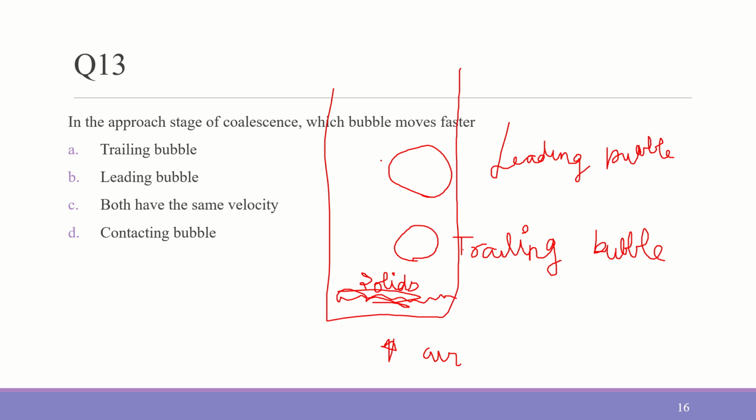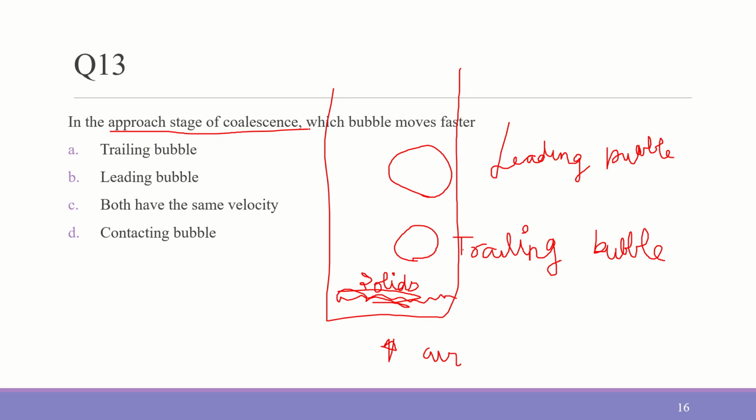That is what happens in the approach stage of coalescence. The thing to note is that the question is about the approach stage, not the coalescence stage, so please keep that in mind.